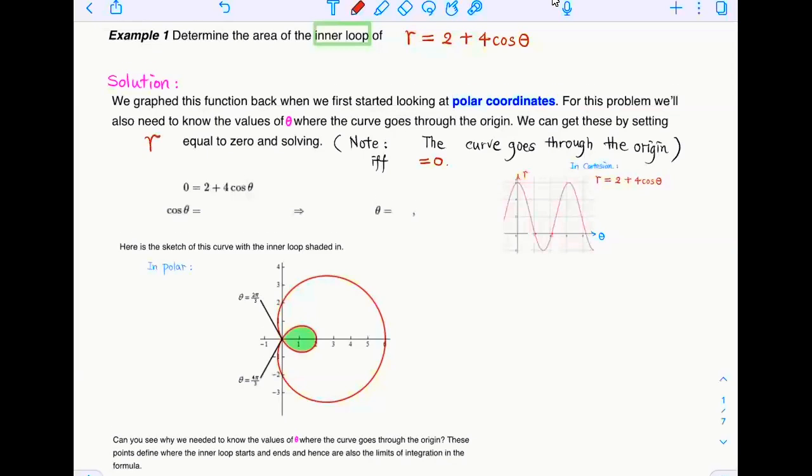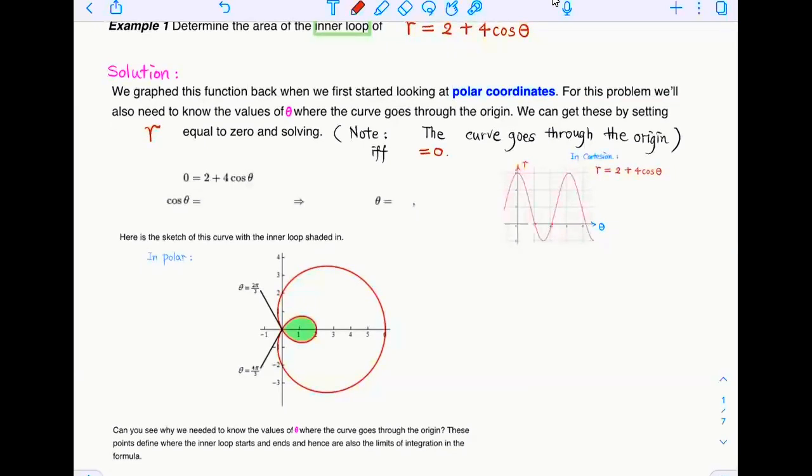At the pole, r is equal to 0. So when r equals 0, the curve will go through the origin. Actually, here we should say the pole. So the curve will go through the pole if and only if r equals 0.